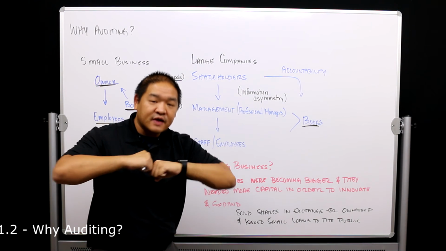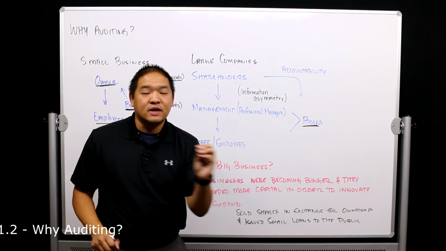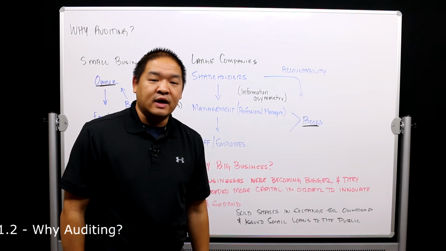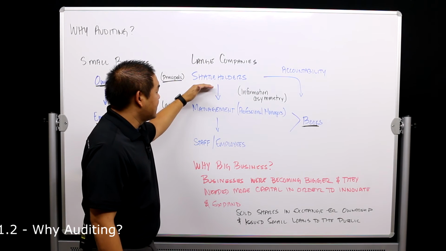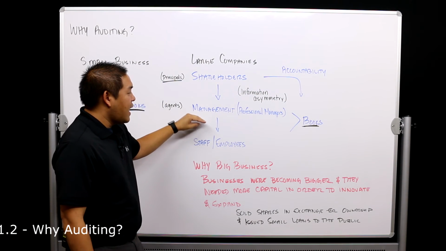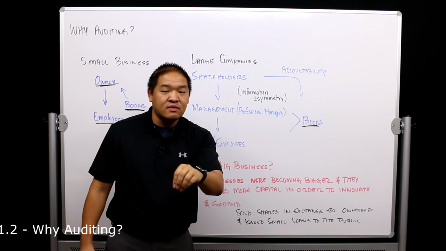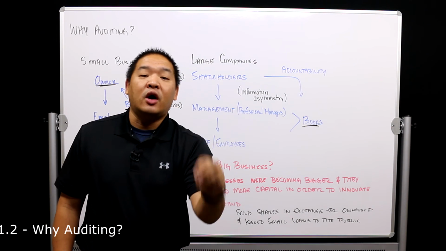So we have a conflict of interest because management wants it one way, shareholders want it another way, and there's really no middleman here to make it an even playing field. And so shareholders want accountability from management, and the way that we get some accountability from management is the financial statements, and the way that we can trust the financial statements is through an audit.